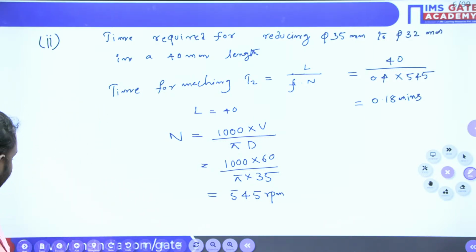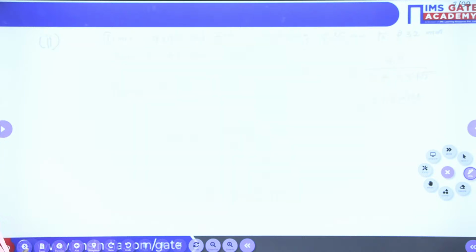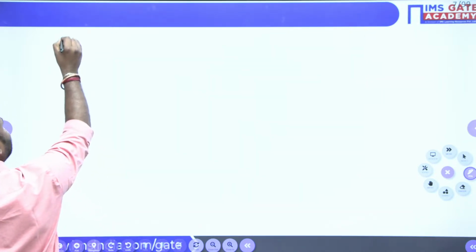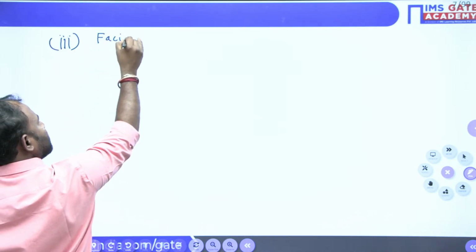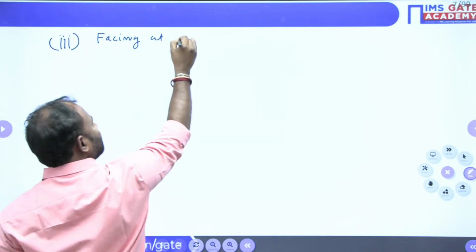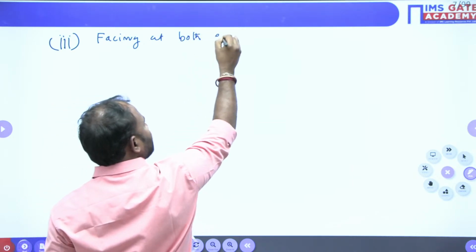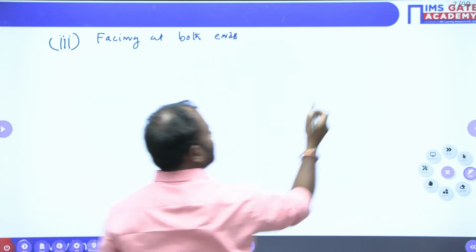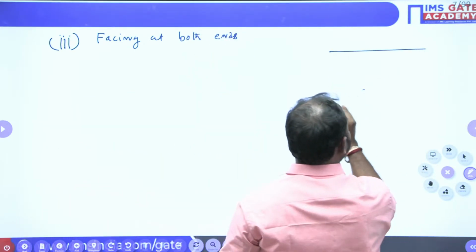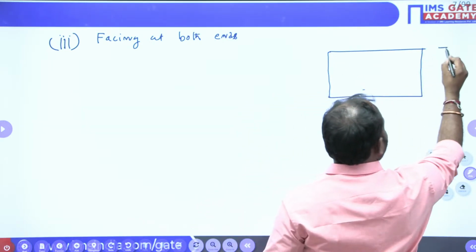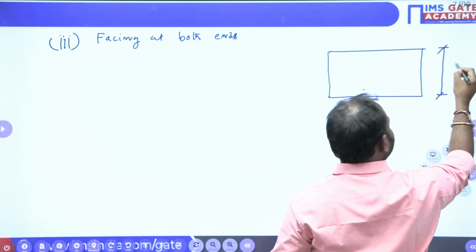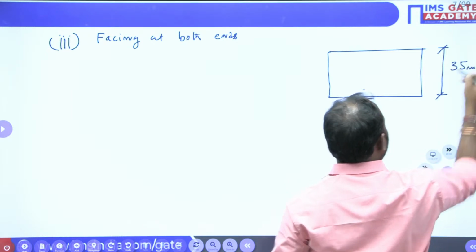Now let us go for the third step. Third step is facing at both ends. Now my job, the workpiece, is here. So here it is 35 mm diameter.